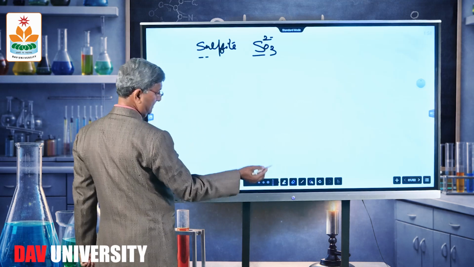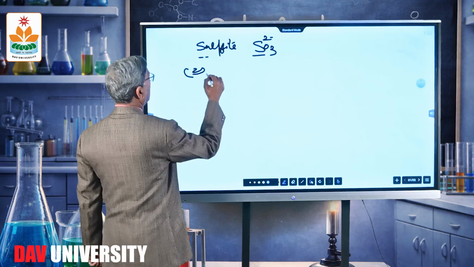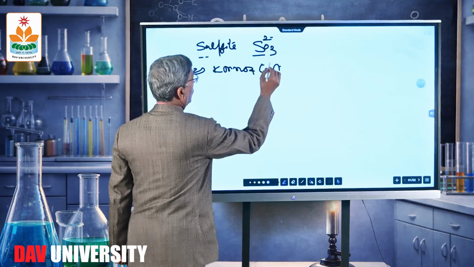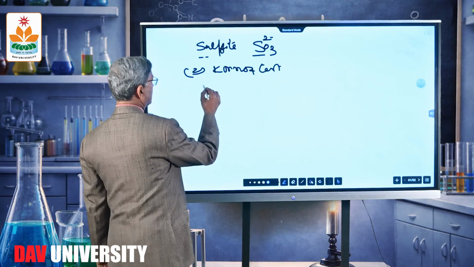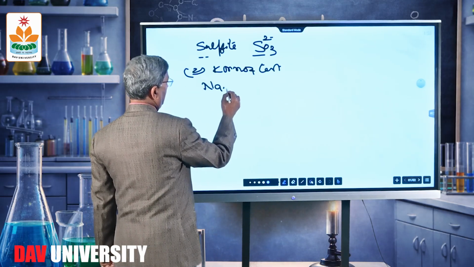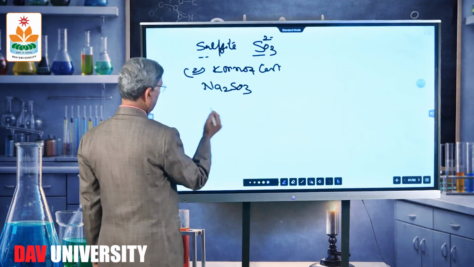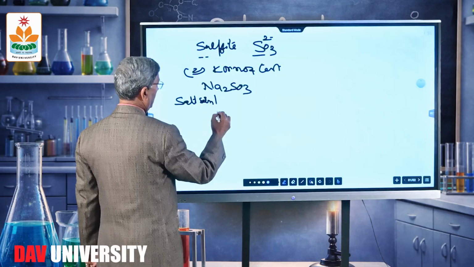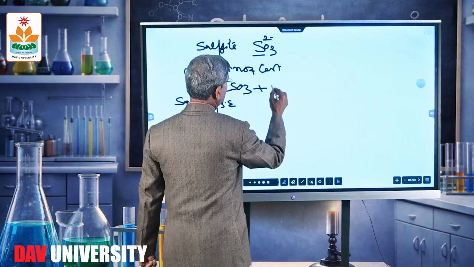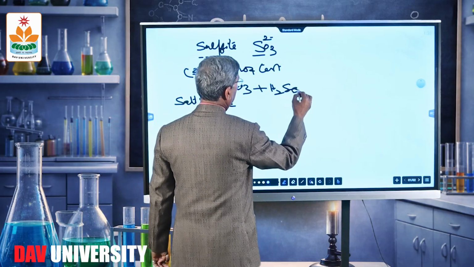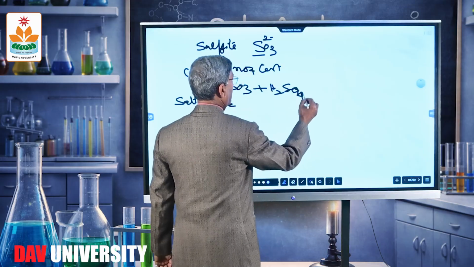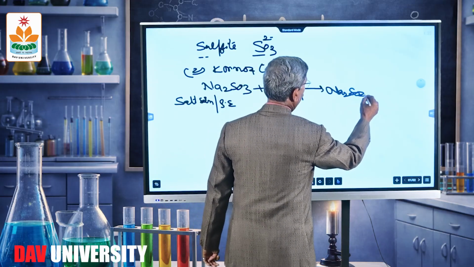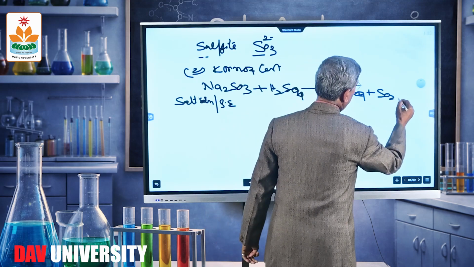So the second test is the KMnO4 test. We have got some sulfite, again salt solution, SC, treated with H2SO4 will give us Na2SO4 plus sulfur dioxide plus water.